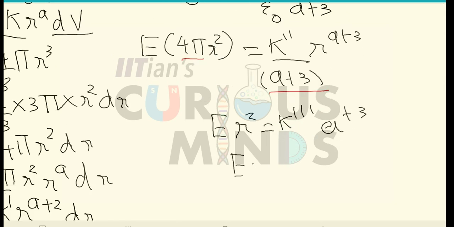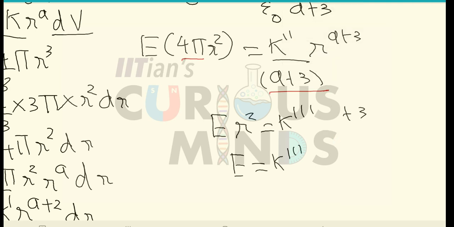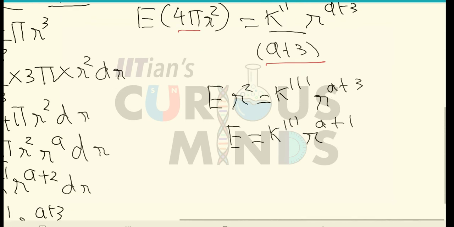So E will be equal to k triple dash into r raised to a plus 1.